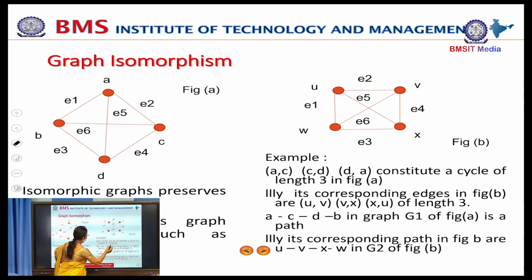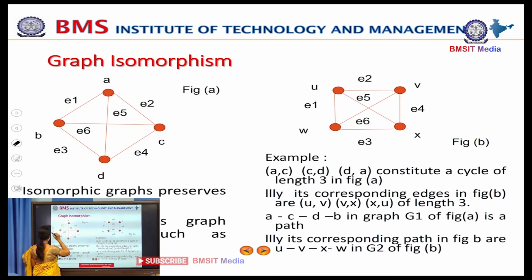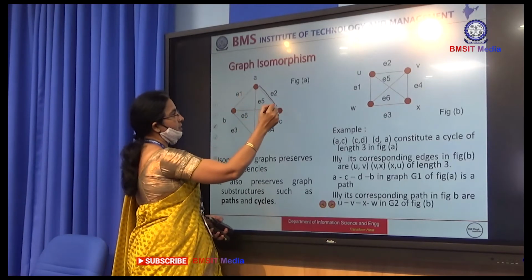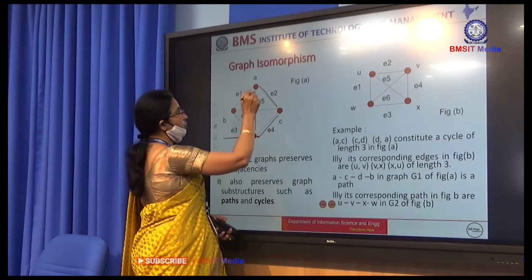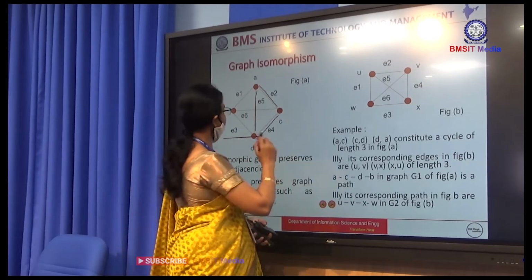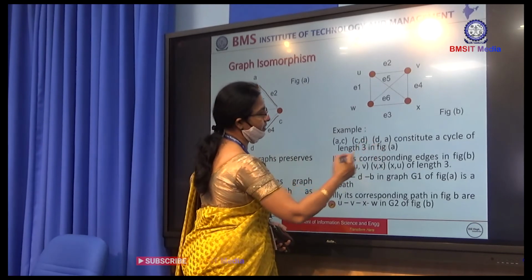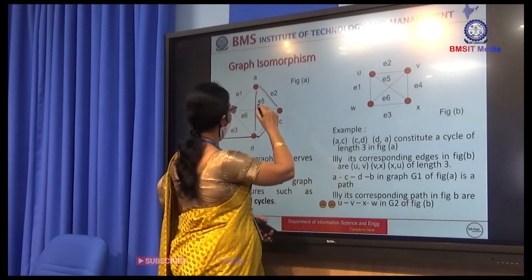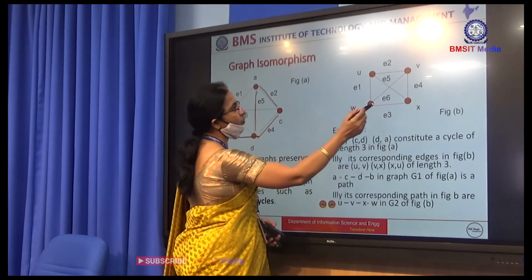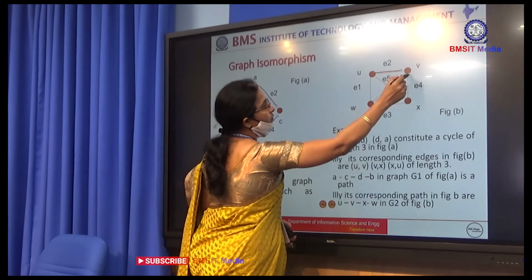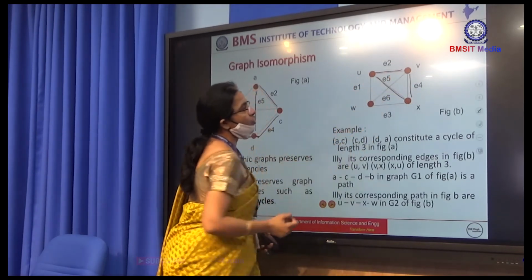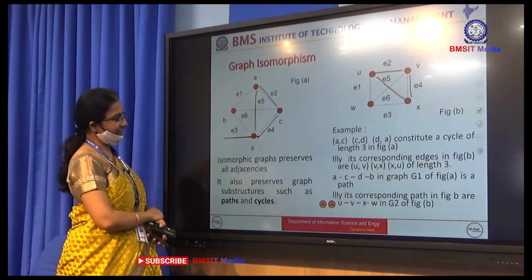Yeah, so here A to C, C to D, D to A. So this is of length 3, that is correct. And similarly that cycle is formed here, U to V, V to X, X to U, which is of length 3.